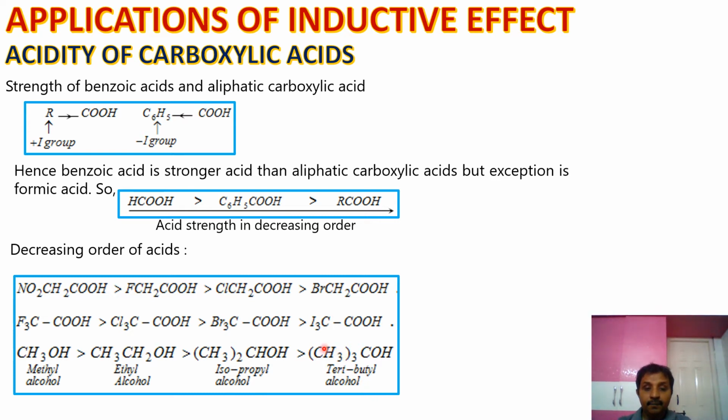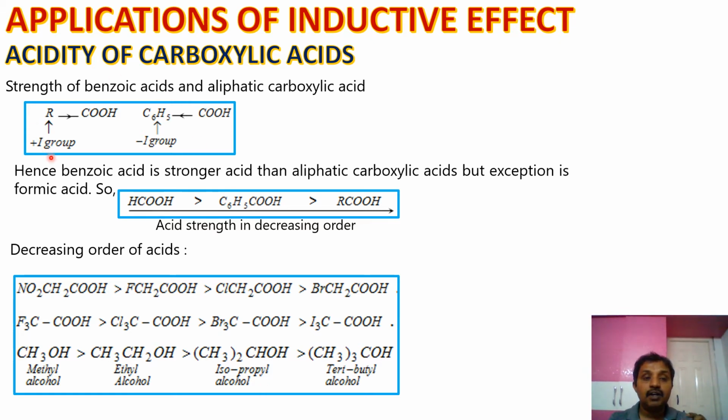Tertiary butyl alcohol has a greater number of alkyl groups, more than 3 methyl groups on the carbon atom. The methyl groups are electron donating groups, as we have just discussed.